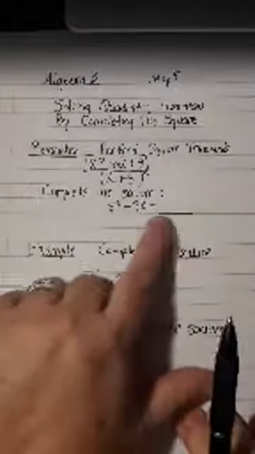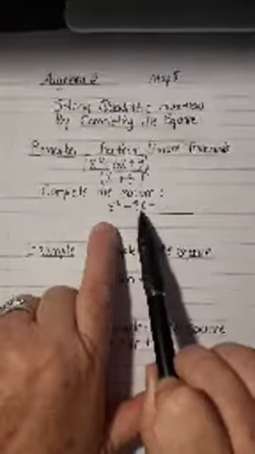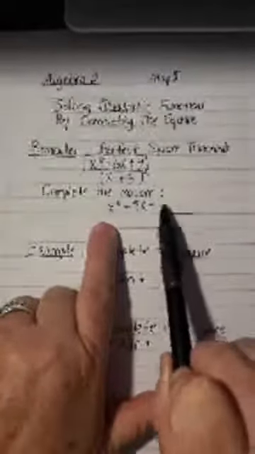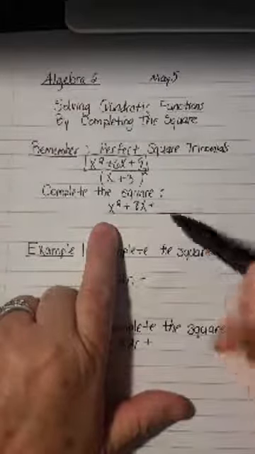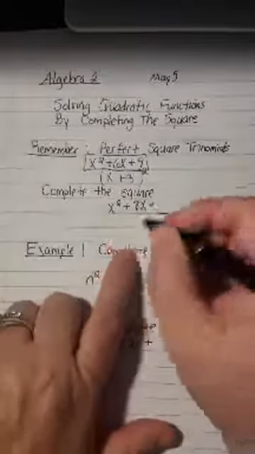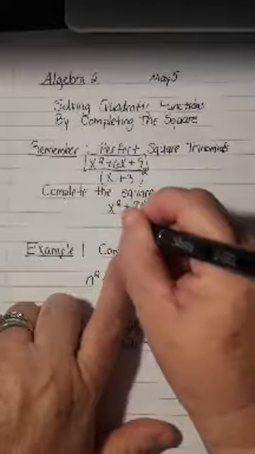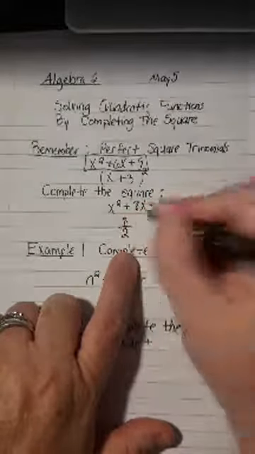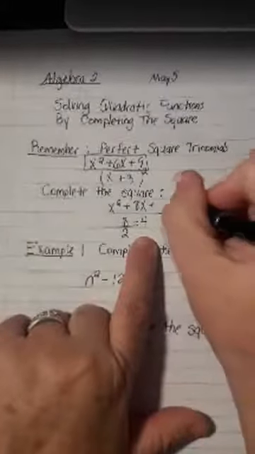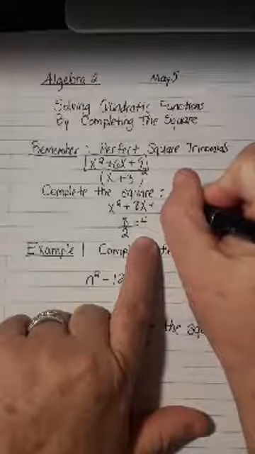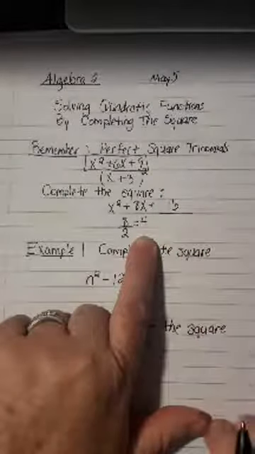So if you were told that your problem was x squared plus 8x, and we know that this last term right here has to be a perfect square to complete it, you're just going to take this 8 and half it. So you're going to do 8 divided by 2, which is 4. And then you're going to take the 4 and square it. 4 times 4 is 16.